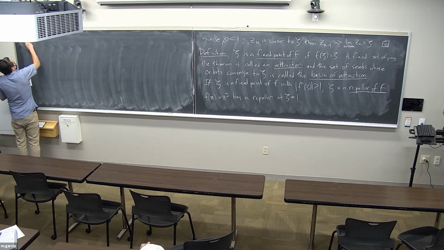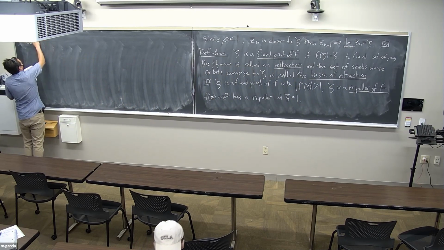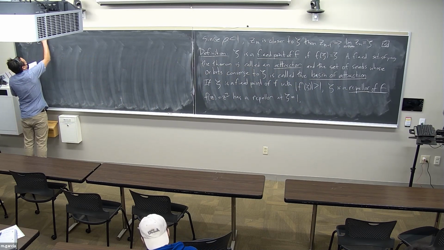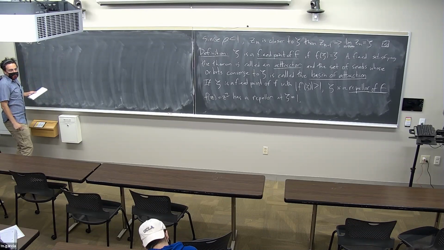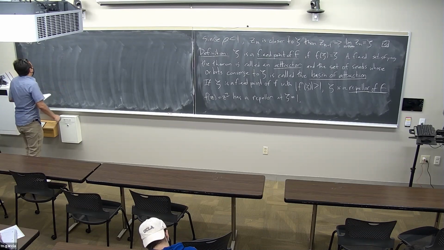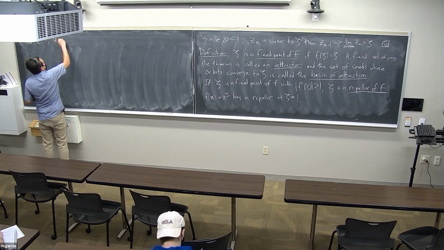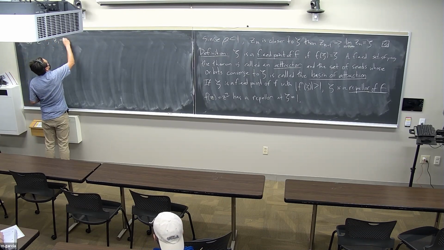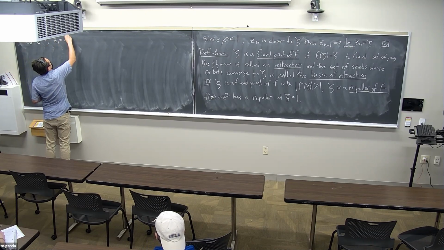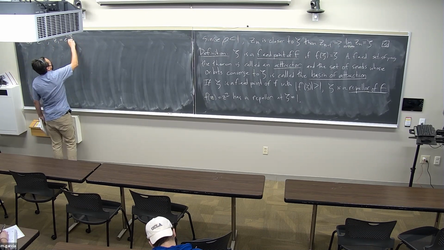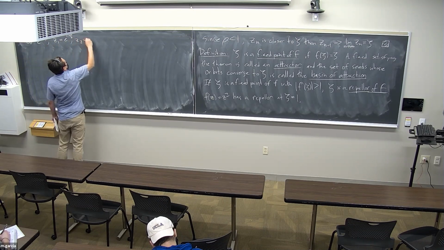Let's let z naught, our seed, be, in particular, a primitive cube root of unity. Then z1 is equal to e to the i 4 pi divided by 3. Z sub 2, what do I get?